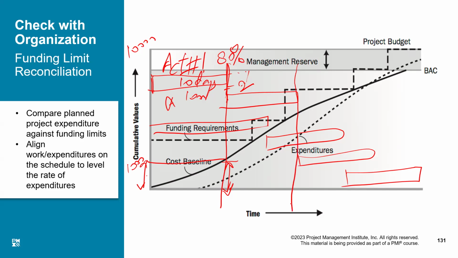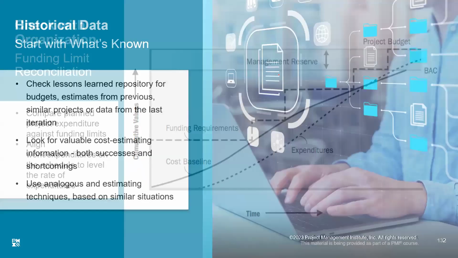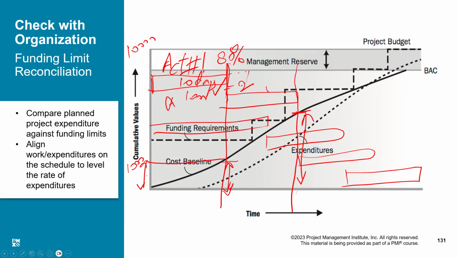Okay, if I draw a line here, I would say by this time I should have spent this much money, and by this time activity A, activity B, and activity C should have been completed. That means this amount, which comes out to be around $7,000, is the estimate for these activities.